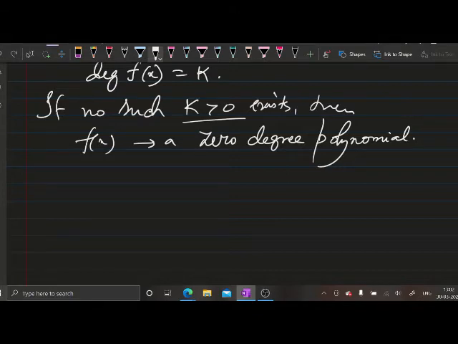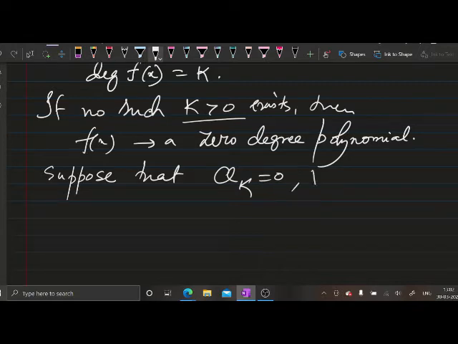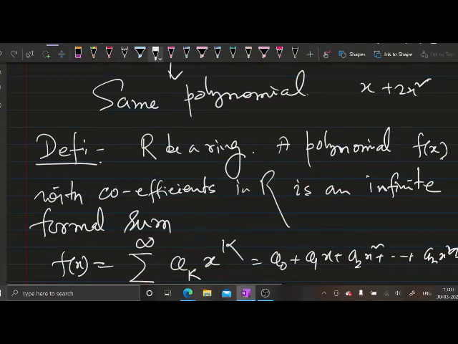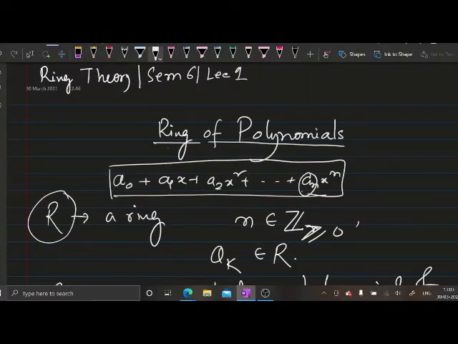So now suppose that a_k equals 0 for all k greater than n, then this f(x) will take the form as I have already written previously at the beginning of the definition, that is this one.